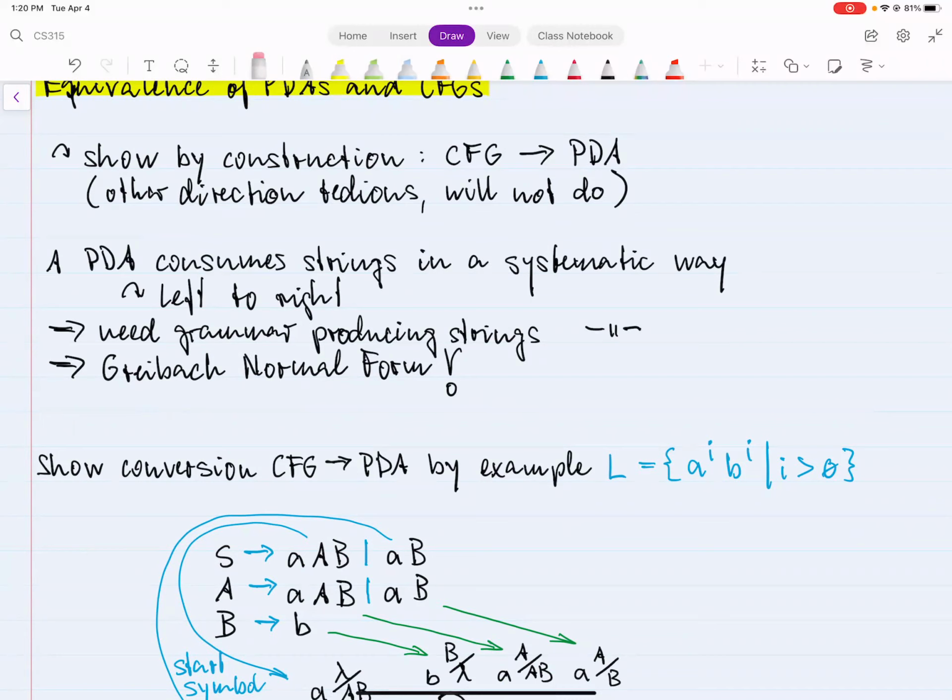So first question is, can you see that that grammar actually does produce a to the i, b to the i? So how do you convince yourself that it actually does? Just think it through for a second.